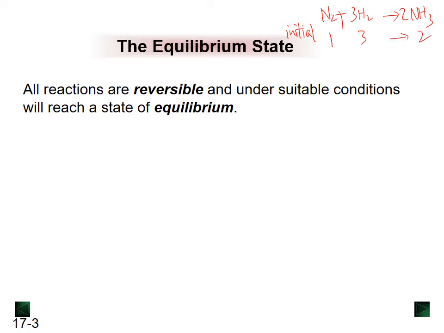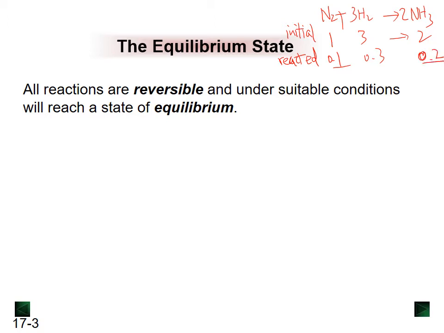But instead, in practice, at a certain temperature and pressure, not all nitrogen reacts. Maybe only 0.1 reacted. So reacted nitrogen is 0.1 and reacted hydrogen is 0.3, and the ammonia formed is only 0.2.